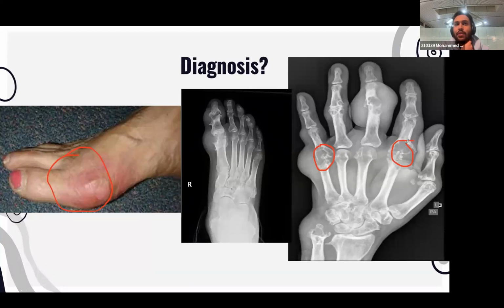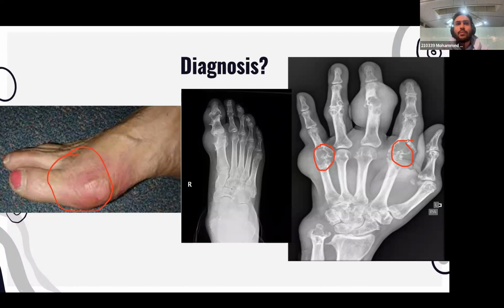So, for example, if it's a child with gout, what disease do you think of? If a child has hyperuricemia, not von Gierke. Lesch-Nyhan. Perfect. Lesch-Nyhan causes hyperuricemia and it causes gout.